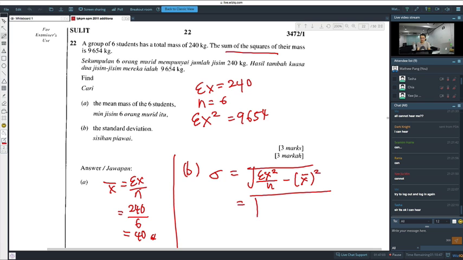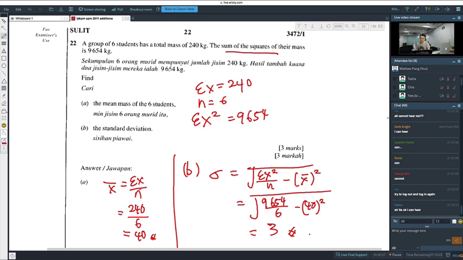So my sum of x squared is given, 9654 over 6 minus 40 squared. Then you use a calculator, you can easily get the answer. So it will be 9654 divided by 6 minus 1600, and the square root, the answer is 3. Simple.